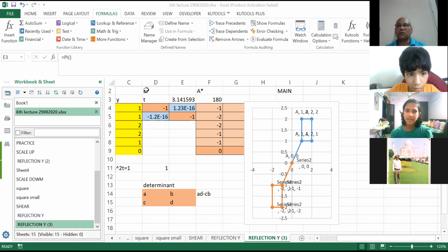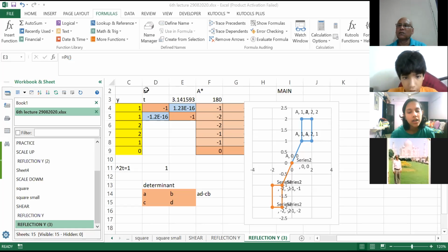Today we'll give some hints about translation. We have not yet talked about translation. What transformations have we done till now? Janvi, what are the transformations we have done? The transformations we have done are scaling, shearing, reflection.